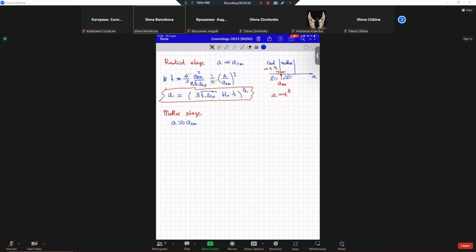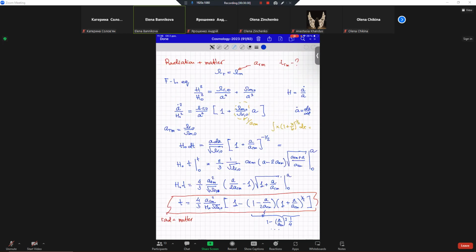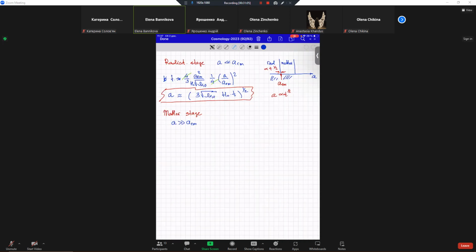So in this case, if a is more than a_eq, we can see that this is of course more than unity, and we can forget about the one in front and make just a simple simplification. You can repeat it at home.